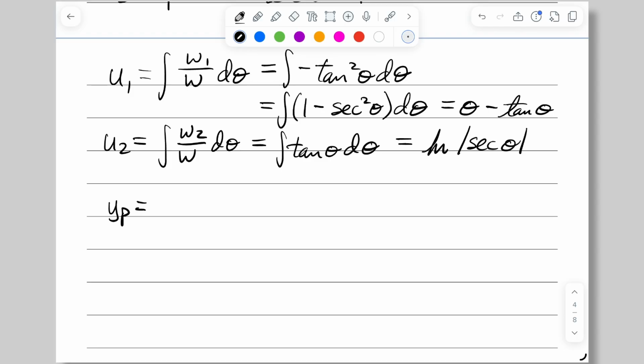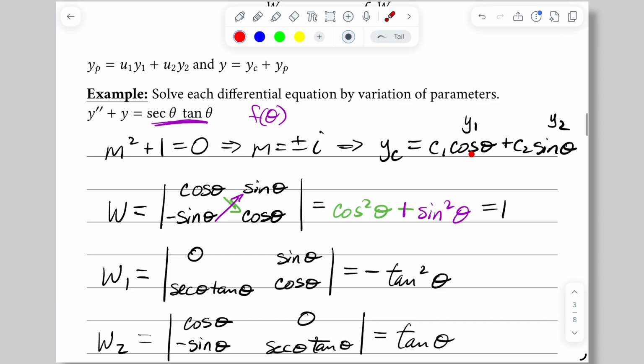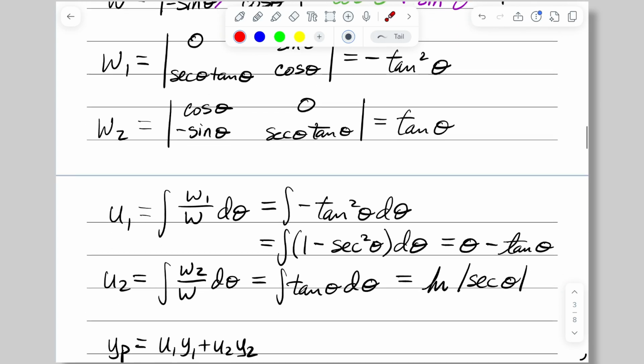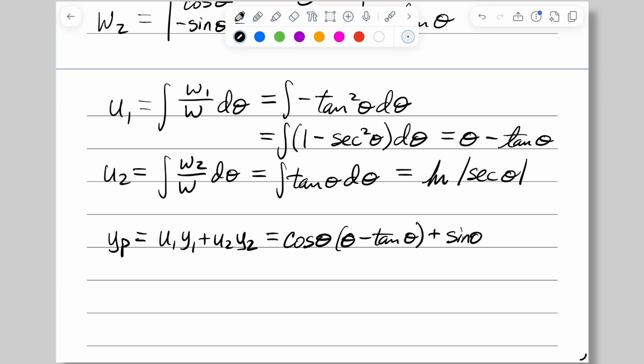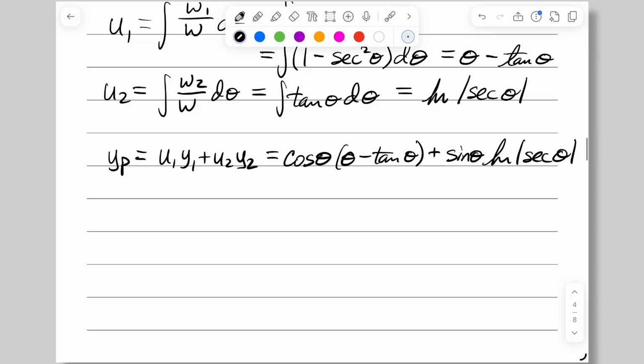yp has the form u1y1 plus u2y2. We said that y1 was the cosine of theta, and that y2 is the sine of theta. So our yp is going to be cosine of theta times theta minus the tangent of theta plus the sine of theta times the natural log of the absolute value of the secant of theta.